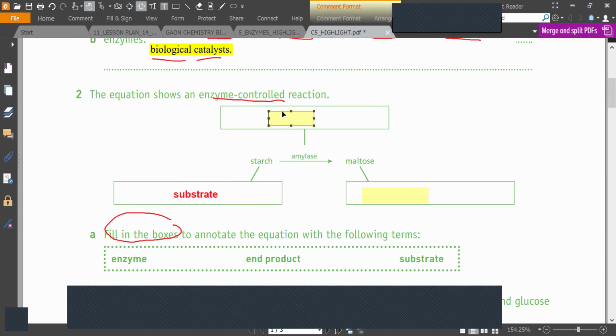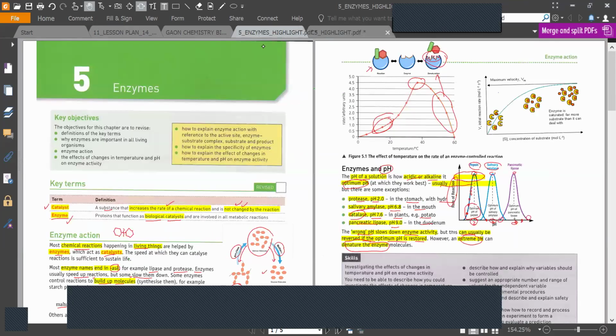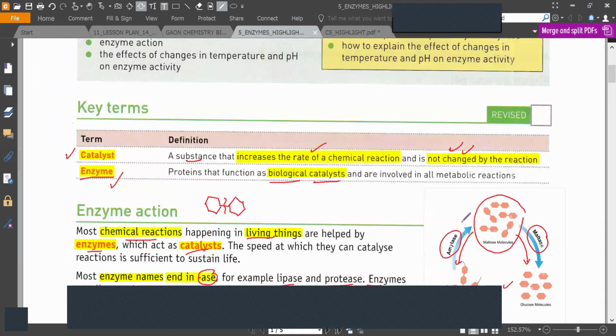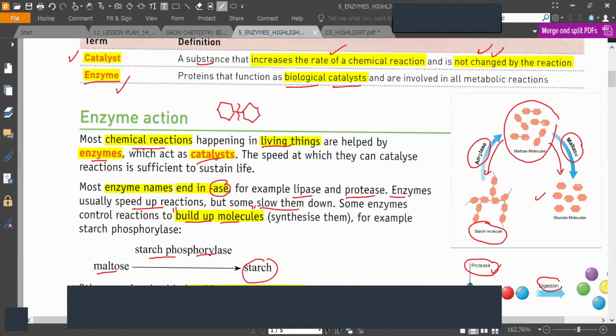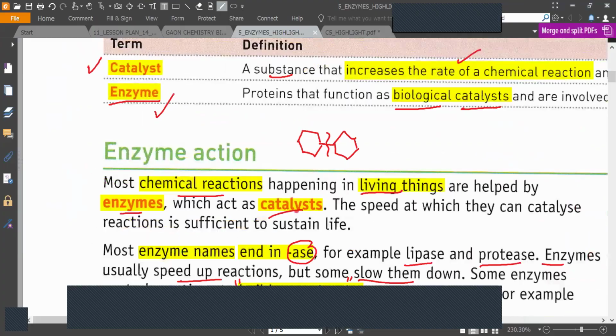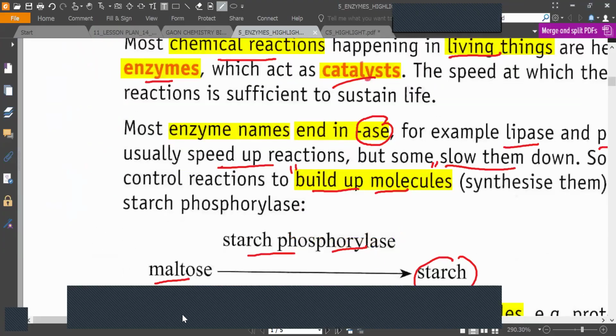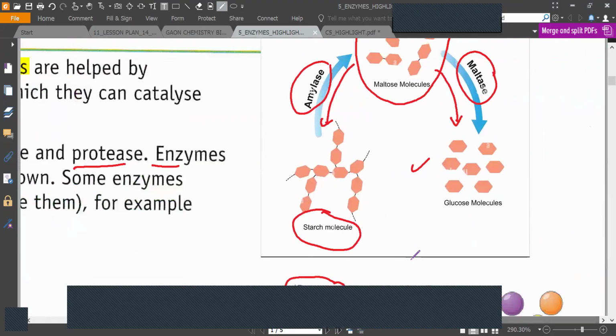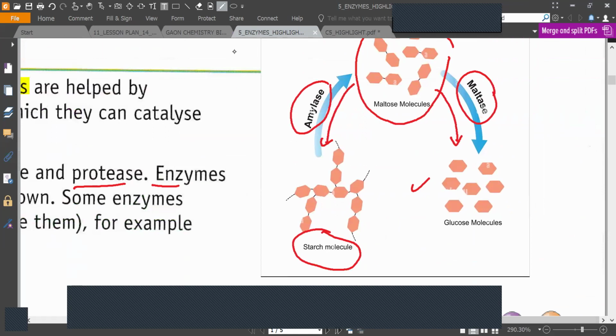The amylase will be the enzyme and the maltose will be the end product, like what we mentioned just now. So we have the starch molecule, we add the amylase, and it breaks down into the maltose product.